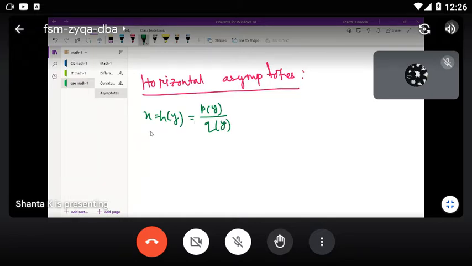So whenever, as y approaches b, h(y) approaches plus or minus infinity, then the line y equals b is called a horizontal asymptote to the curve, either the x-axis or parallel to the x-axis. Sorry, this is y; I have written x.